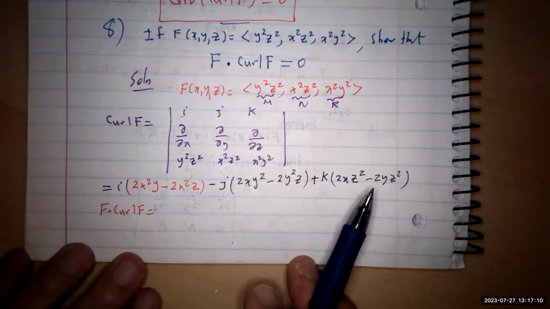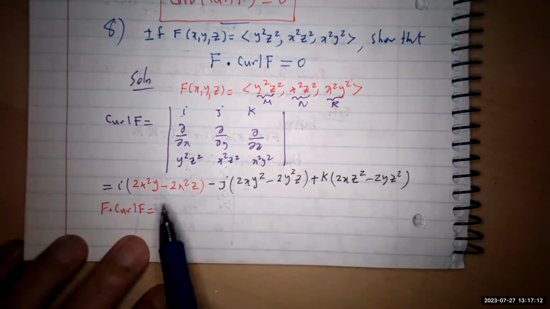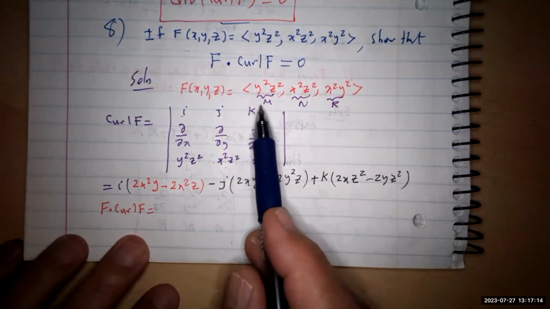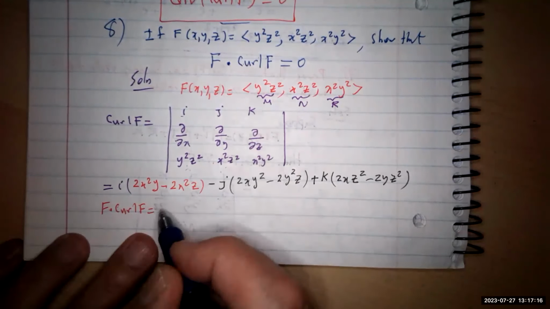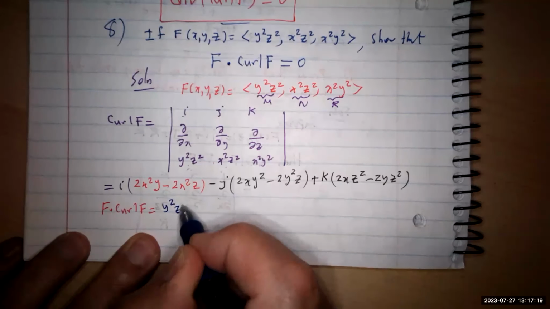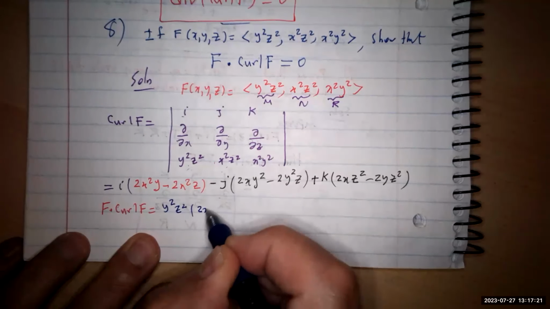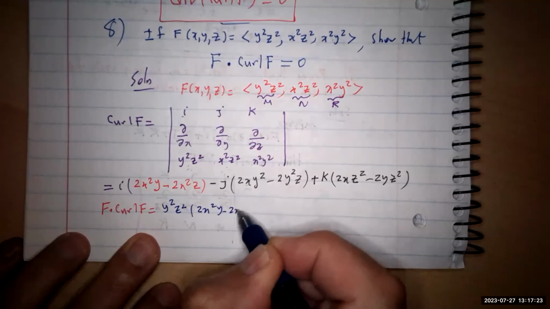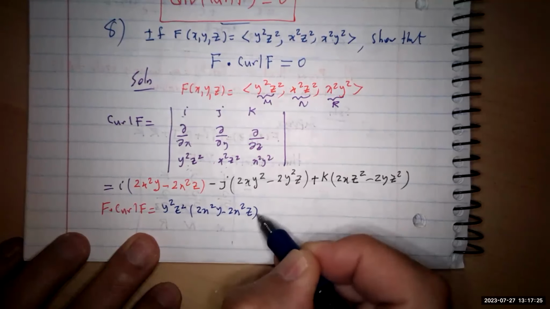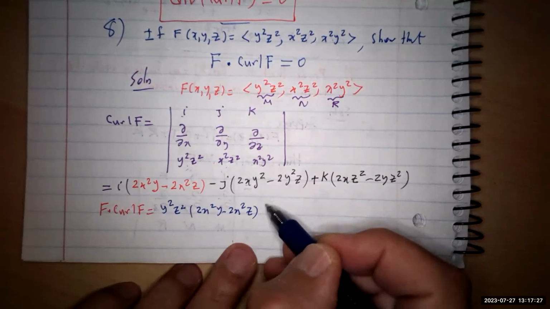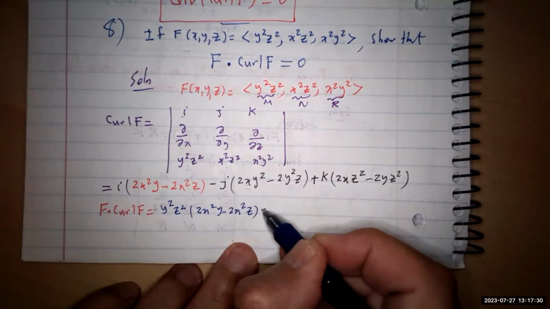So for the first part, you get y squared z squared times 2x squared y minus 2x squared z. That's the first one. Second one, there's a negative here, so we go with the negative.